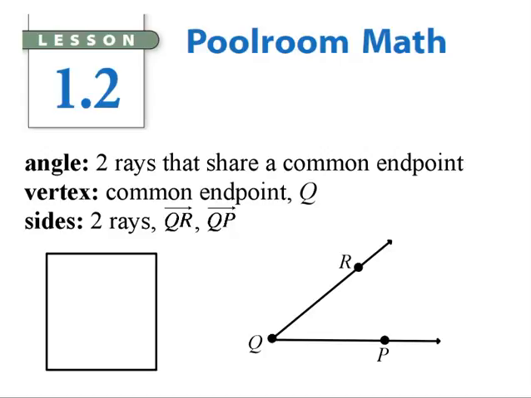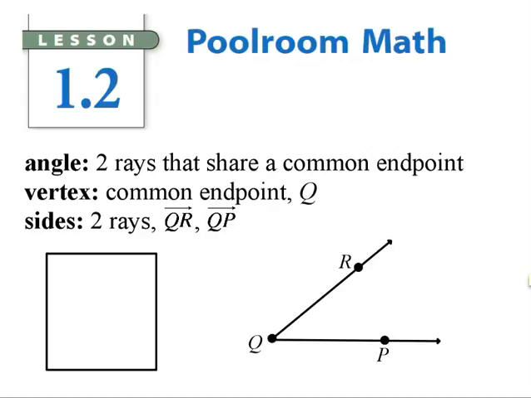The vertex is what we call the common endpoint. So where they meet, that we call the vertex. And in this case, this would be referred to as point Q. And then the sides of the angle are the two rays. And so in this case, we have ray QR and ray QP.